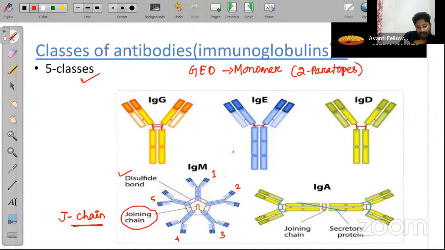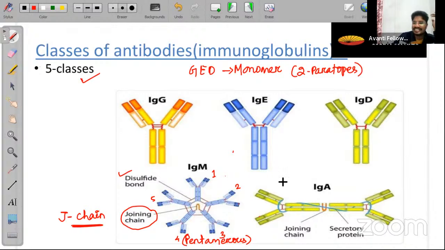J chain के बारे में याद रखो. So 5 monomers will be present and they are bound together by the help of J chain. ठीक है, joining chain. And as it is 5 in number, that is why the structure is called your pentameric structure. कैसा स्ट्रक्चर माना जाता है इसको? पेंटामेरस माना जाता है.